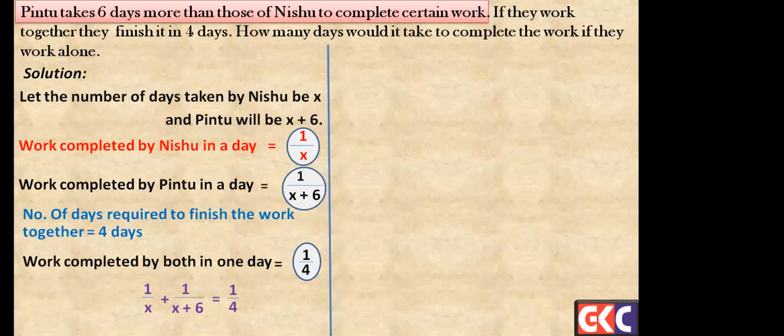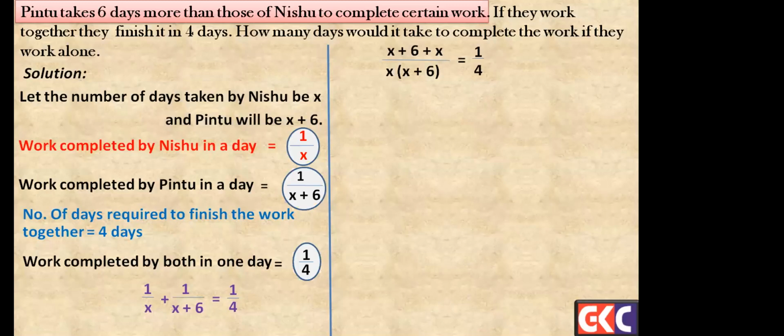If I go with LCM, one will multiply with (x plus 6), the other will multiply with x, and the denominator will be x into (x plus 6), which is still equal to 1/4. Hopefully you understood this step. So we get 1 into (x plus 6) plus 1 into x, upon x into (x plus 6), still equal to 1/4.